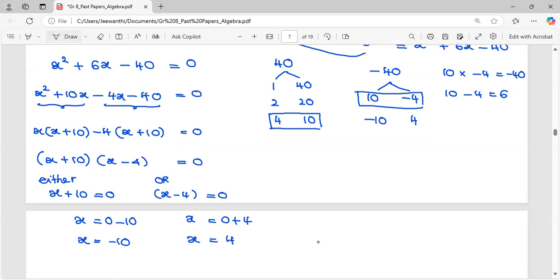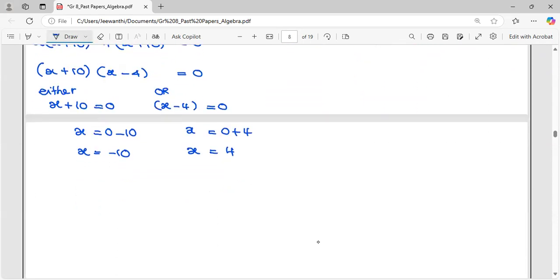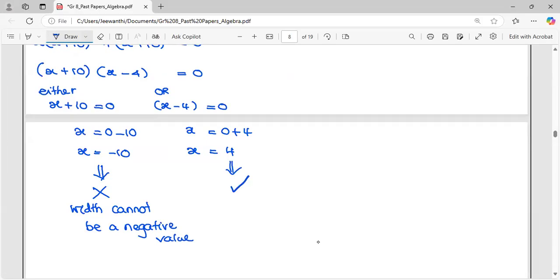Once I'm done with this, I write, so this is rejected. Why? The width cannot be a negative value, right? So then you write, so then this should be the correct answer.